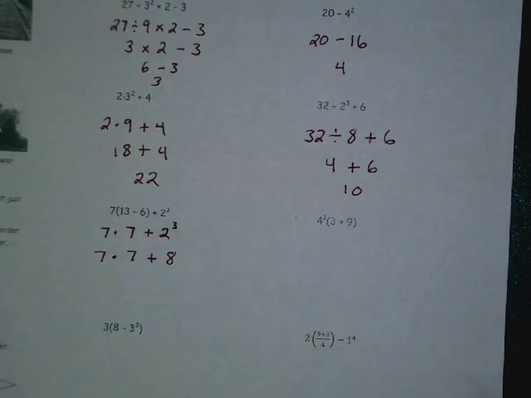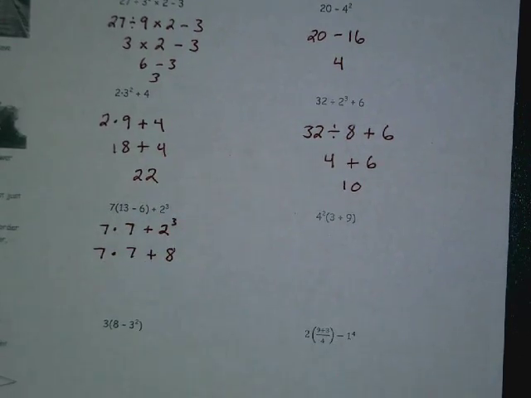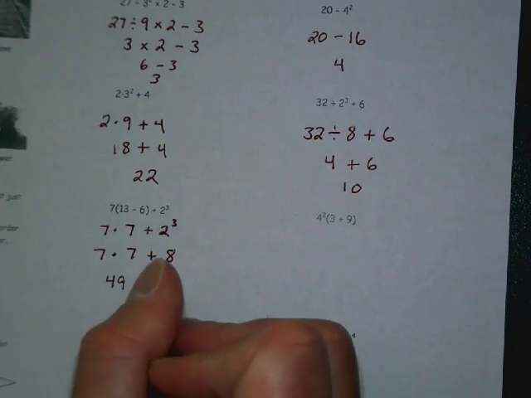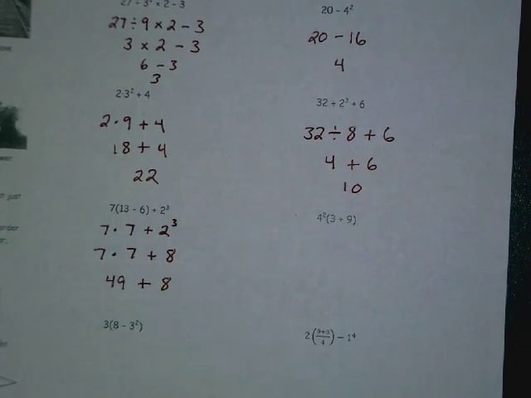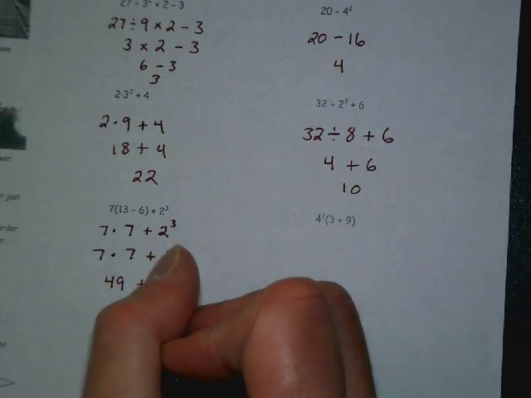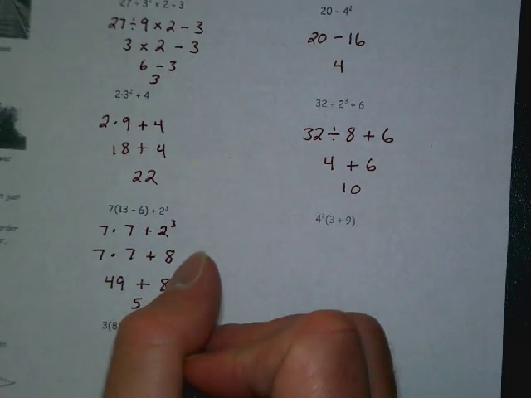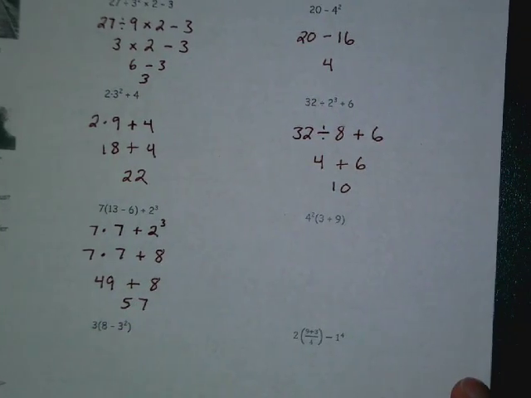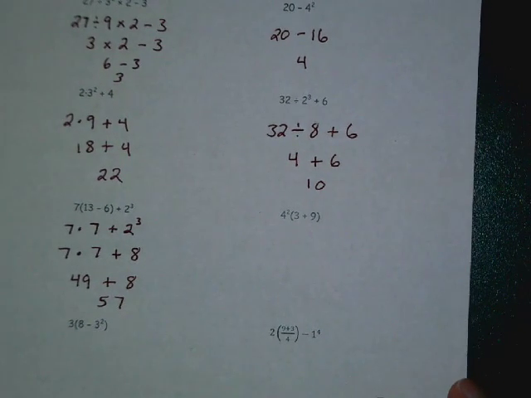So 2 to the third, just like we had up here, that's going to become 8. So left we have multiplying and adding, so you're going to multiply. So 7 times 7, which gives 49 plus 8, and then last add those together. What does that give you? 57, yep.